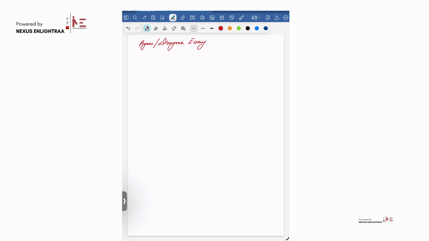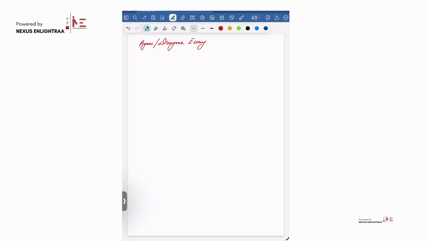Now, there are a few things that we need to learn before we go into writing an essay, and that is to understand the structure of an agree-disagree essay.